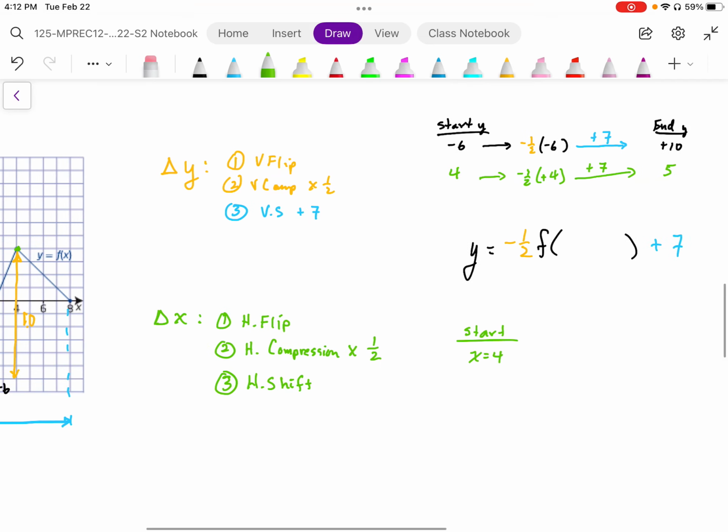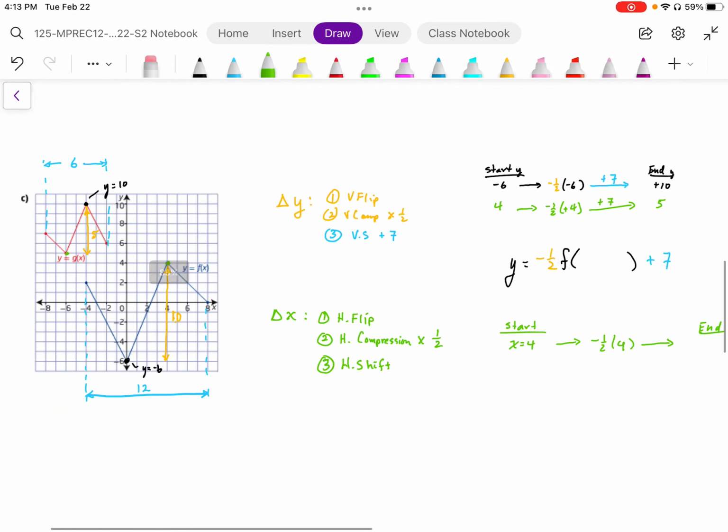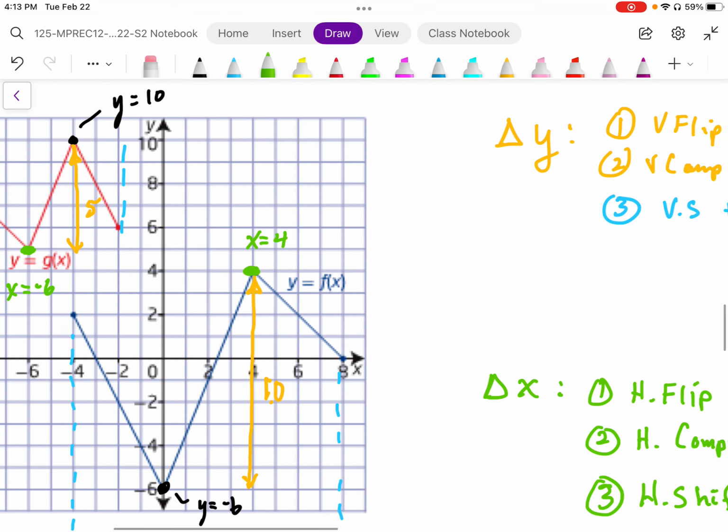I'm going to apply my transformation, times by negative 1/2, on positive 4. And then for my ending position, I forgot to check it. That position here ends up here, so it ends up at x equals negative 6. So it starts off at x equals positive 4, and it ends at x equals negative 6.